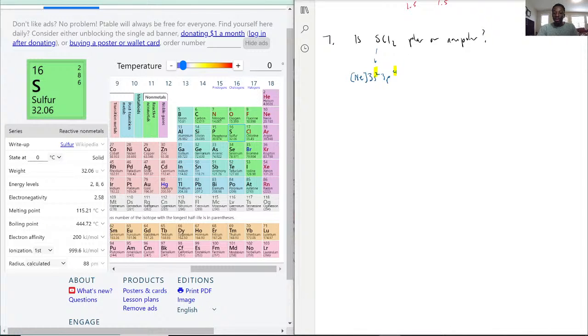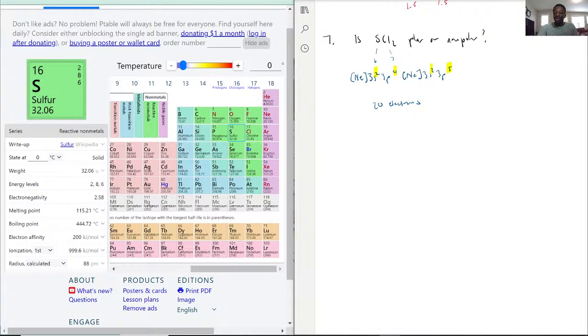And if we treat chlorine the same way, because chlorine comes right after it, it's neon 3s2 3p5, which also supports that chlorine has 7. But there are 2 chlorines, so the chlorines together contribute 14. So 6 plus 14, you want 20 electrons accounted for.